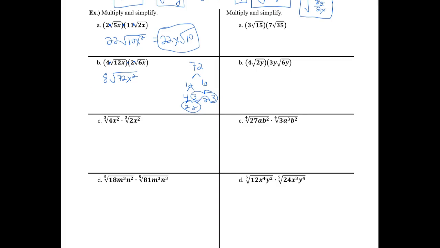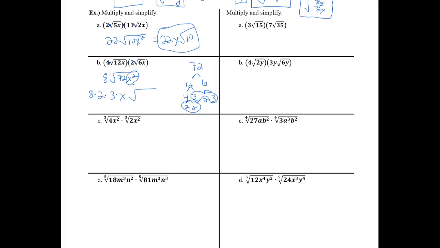So I have the 8 that's already outside the radical. The square root of 2 squared, so take that square root, it's now just a 2. The square root of 3 squared, again take that square root, now that's going to be 3. And then the square root of x squared is x.